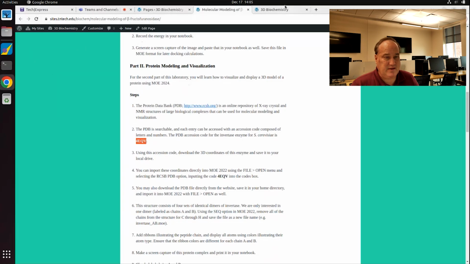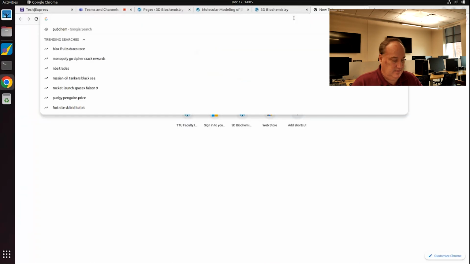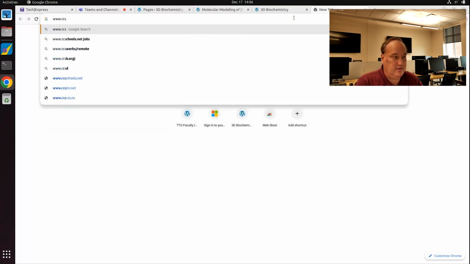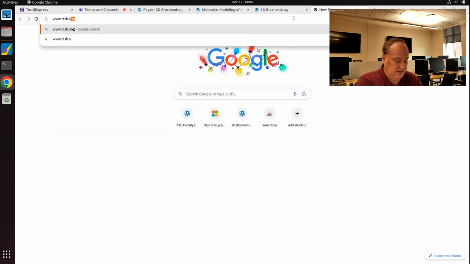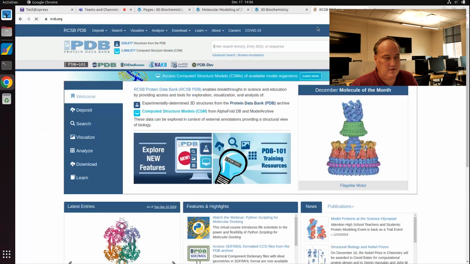So the Protein Data Bank is rcsb.org. And so here's the Protein Data Bank. You'll notice there's over 200,000 structures in the database, also some more predicted by AlphaFold.